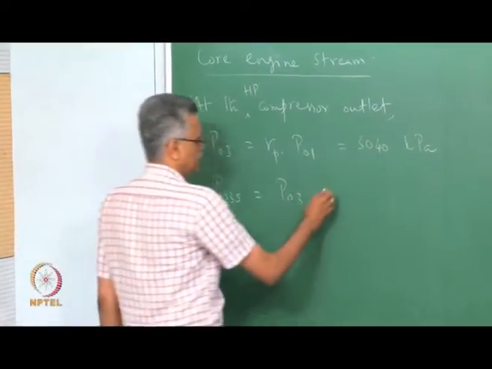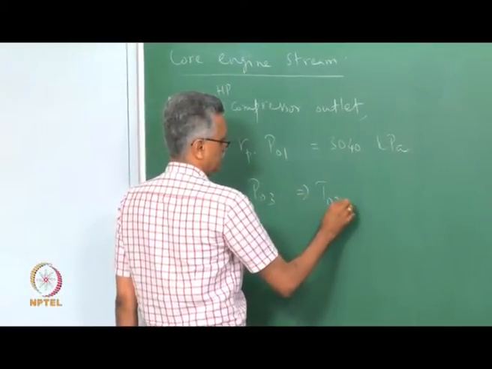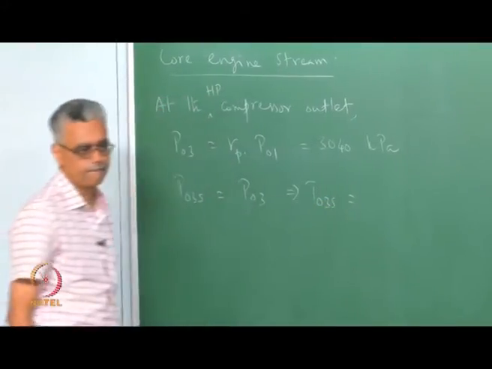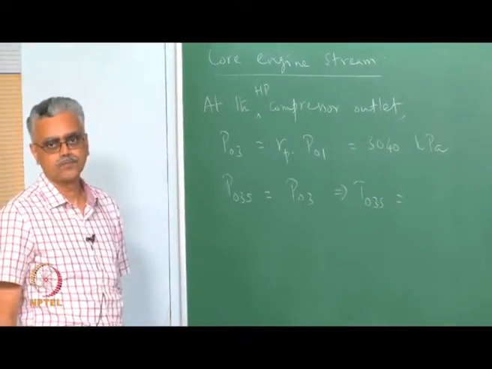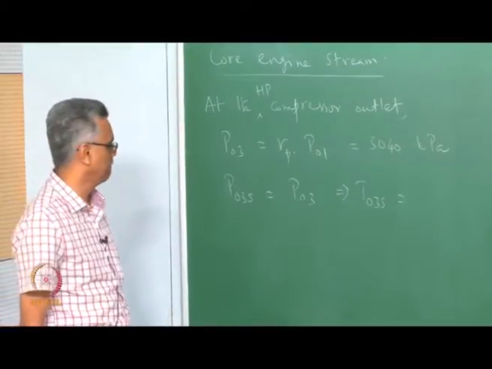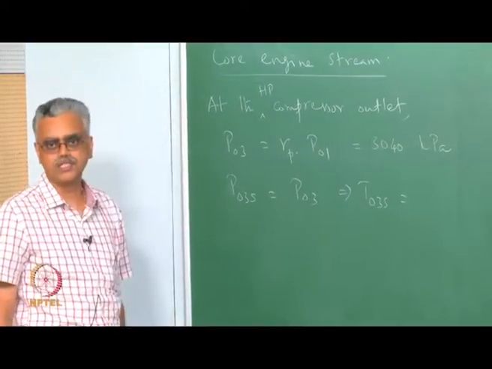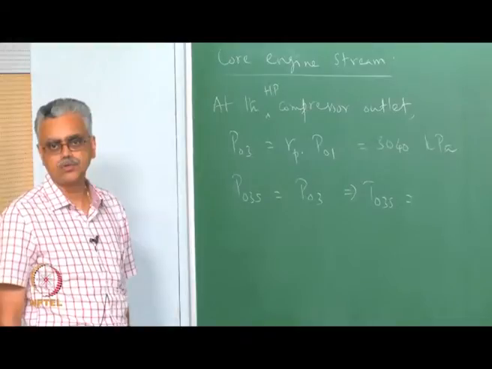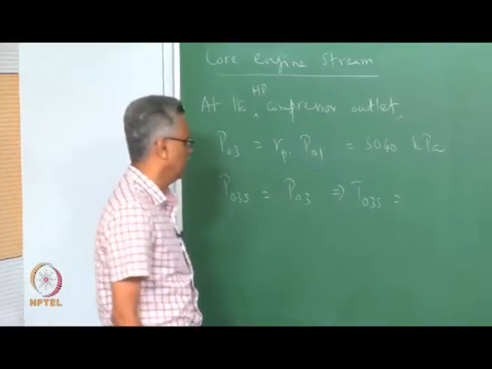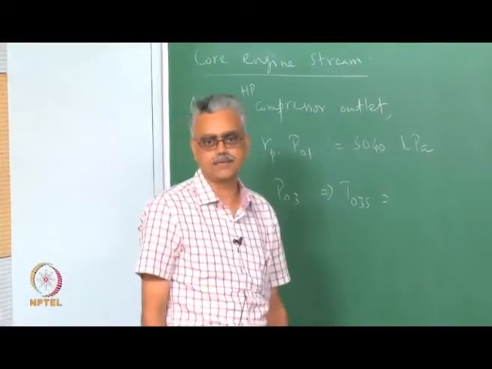Which means that T03S is going to be, what is this going to be? We use the isentropic relationship to calculate T03S. Please calculate and tell me what T03S is.